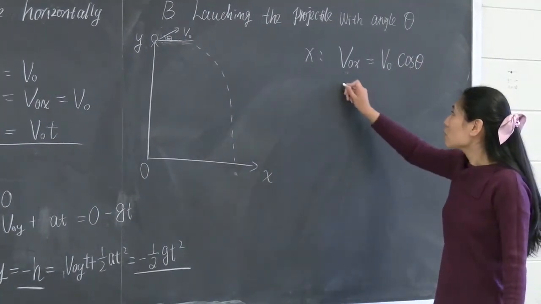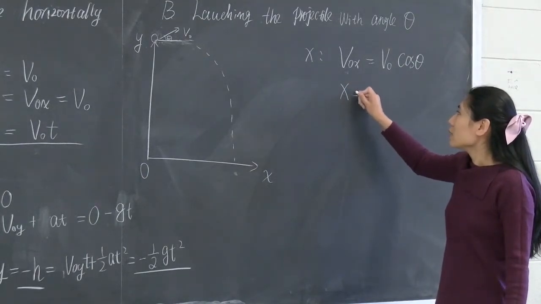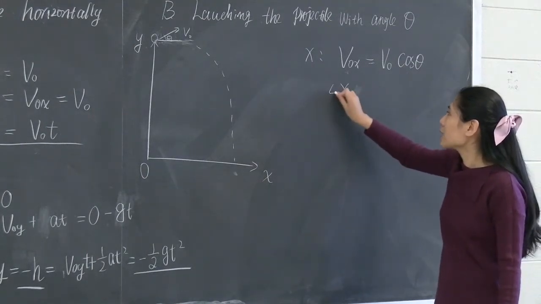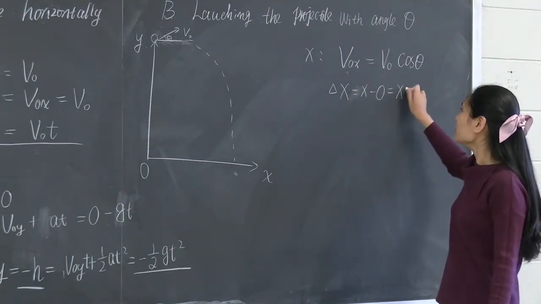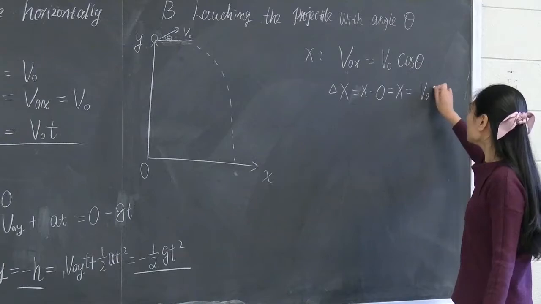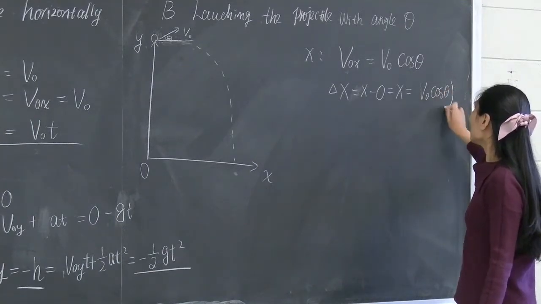With time, the position change delta x, x minus x0, equals v naught cosine θ times t.